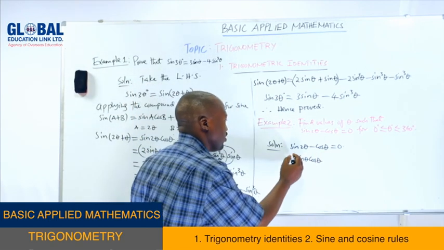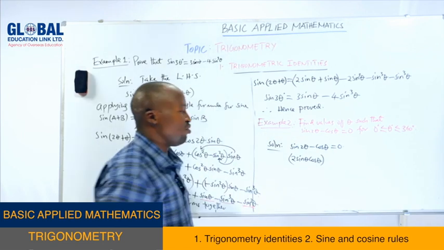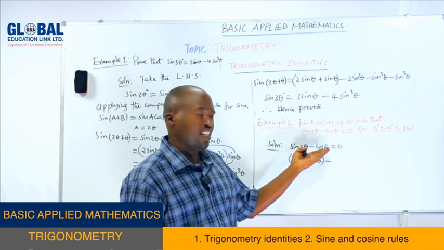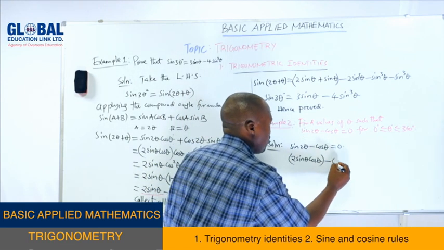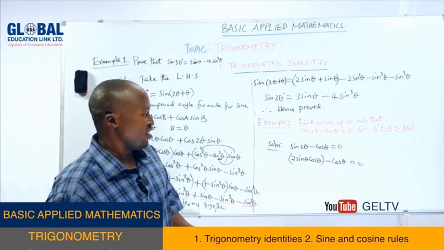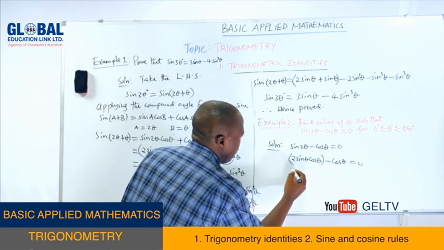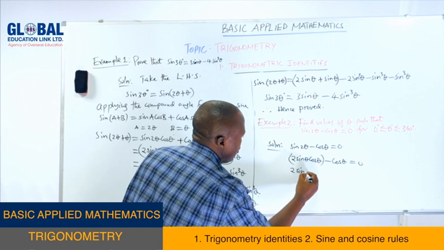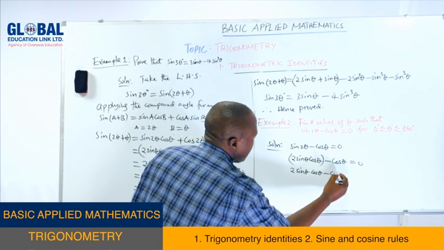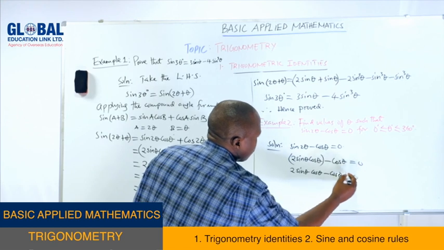Now minus, then again we have cos theta, which is equal to 0. Therefore we have 2 sine theta cos theta minus cos theta is equal to 0.